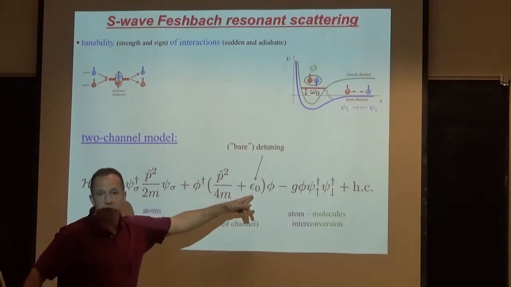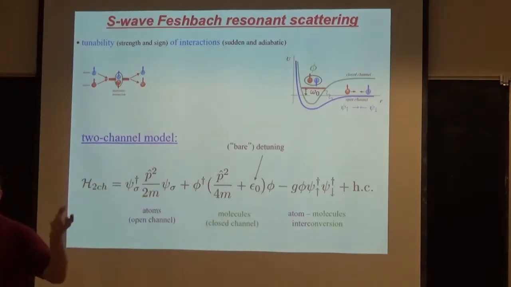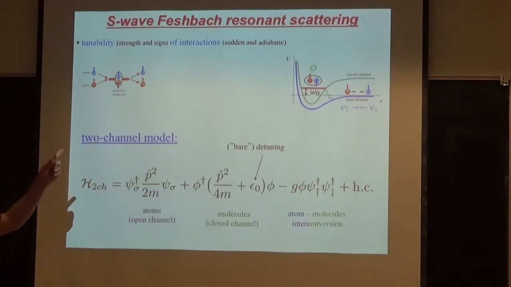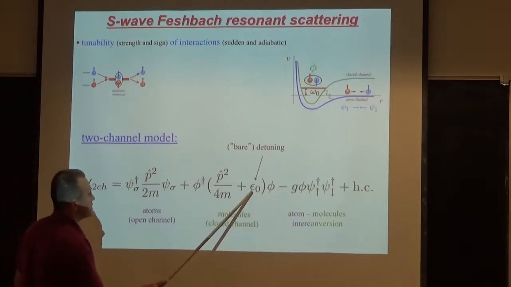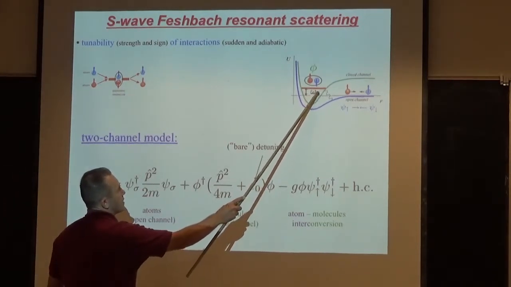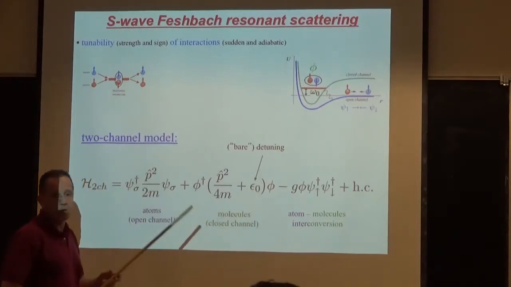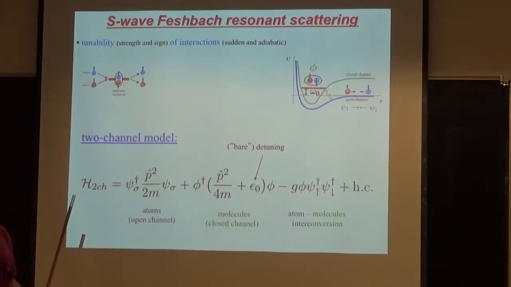This guy is just some parameter in the Hamiltonian. I don't a priori know how it's related to omega zero. But what you will see is there's going to be a renormalization of the scattering properties, and the physical omega zero is just a shifted version of epsilon zero.